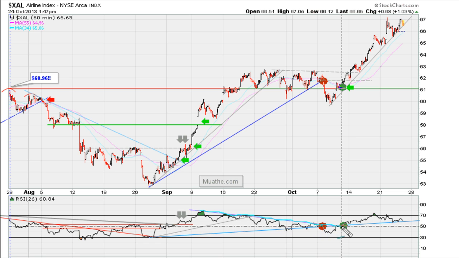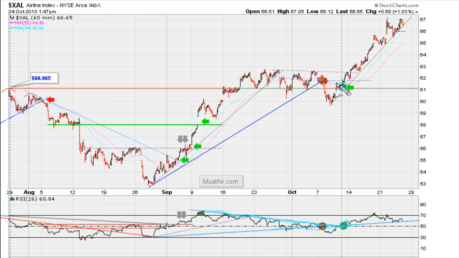So once it moves back above the blue line and it also moves back above the RSI highs, you have two entry point buy signals. So you buy it when it reclaims back above the blue line and above the highs there on the RSI.